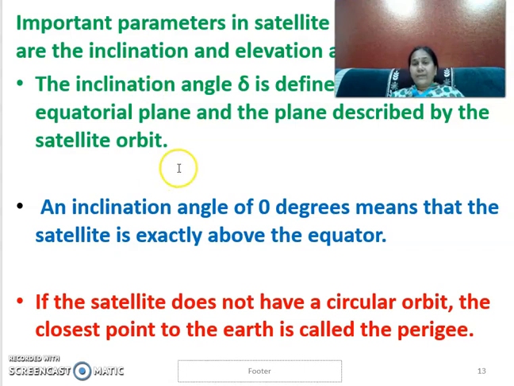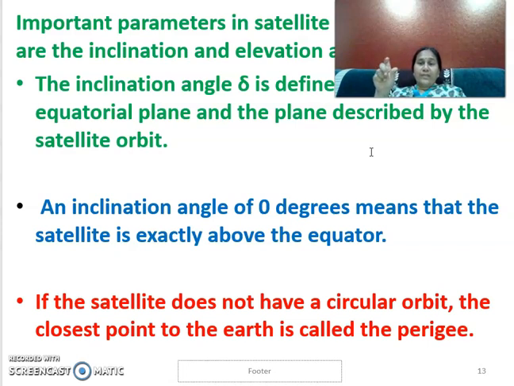The angle of inclination, which is represented with delta, is defined as the angle between the equatorial plane and the plane in which the satellite orbit is present. This is your equatorial plane, and this is your angle of inclination towards your satellite. The angle between these two is called the angle of inclination.